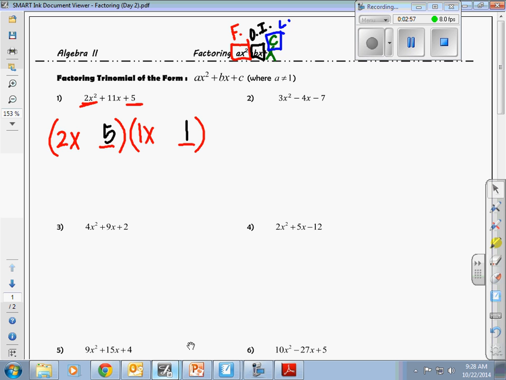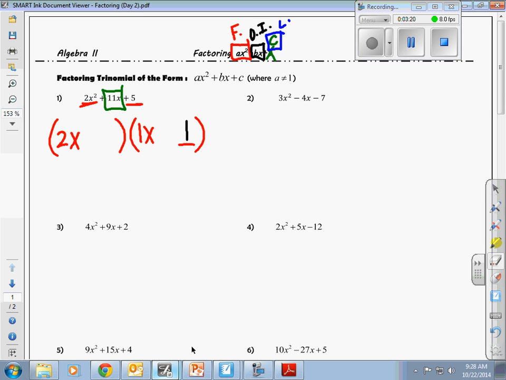Okay, then I need to have my outer and my inner add to be 11. Well, I would have 5 times x, which gives me 5x. And then I would have 2x times 1, which gives you 2x. Is there any way that I can have 5x and 2x get to 11x? I think to myself, well, no. So what I go ahead and do is I switch them around.